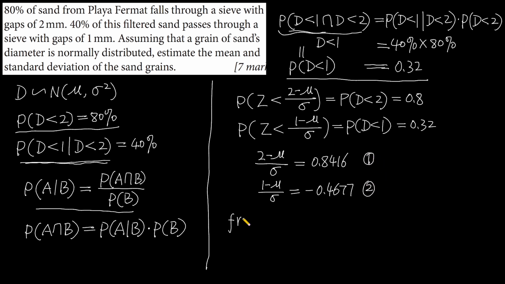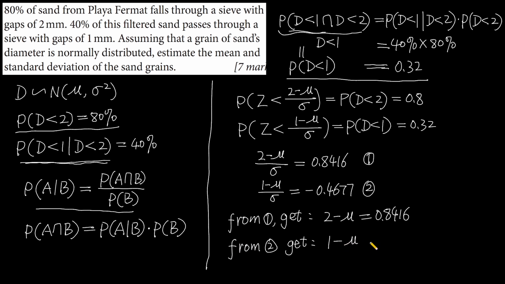Equation 2. From 1, we get 2 minus mu equals 0.8416, and from 2, we get 1 minus mu equals negative 0.4677, multiply standard deviation. Here also multiply standard deviation.